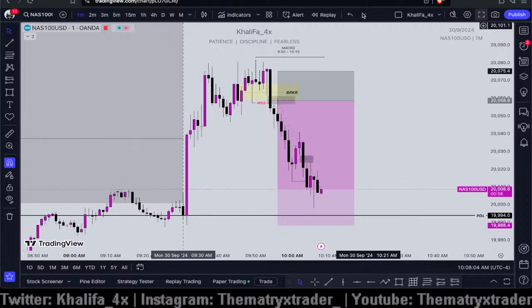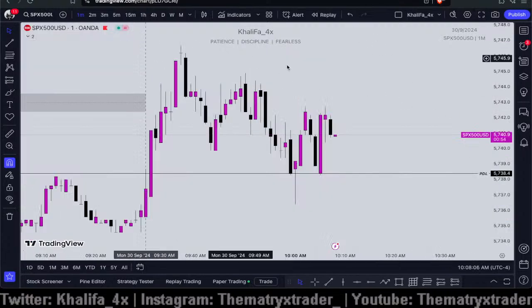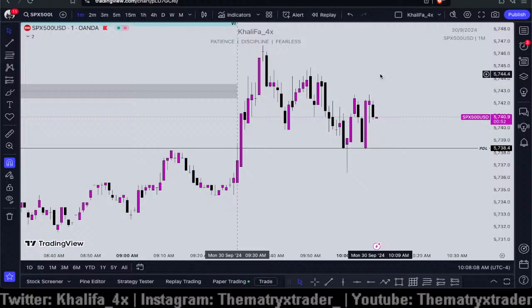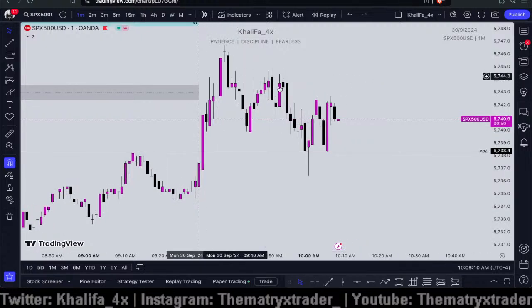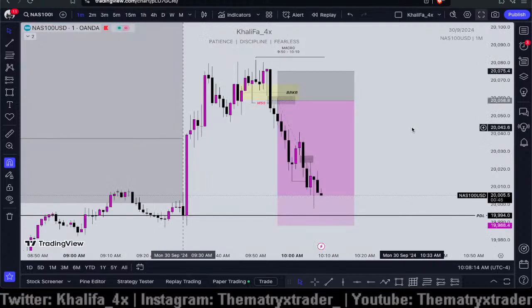And let's see, does SPX give us an entry? SPX is just hovering around, see? But this would have actually given us a real nice and clean entry.